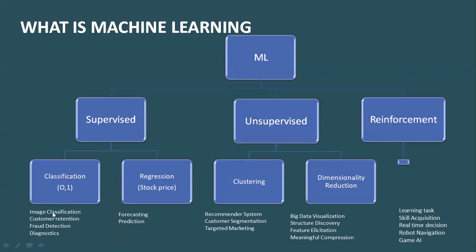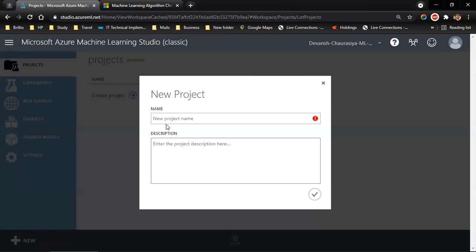Classification you can use for image classification, customer retention, fraud detection, diagnostic. Regression you can use for forecasting, predictions, and there are many ways. Okay, so let's start with classification, which is a supervised machine learning model.